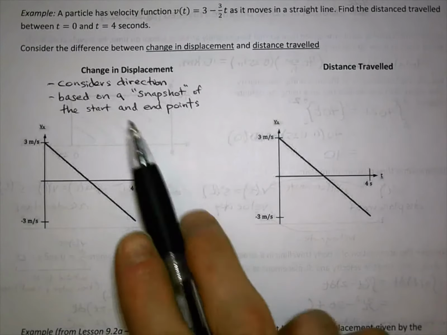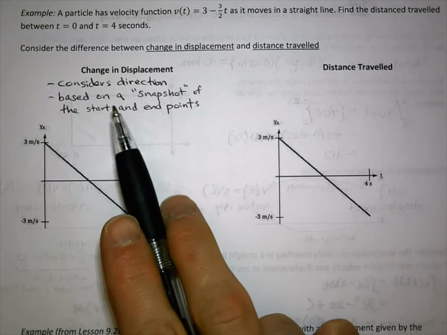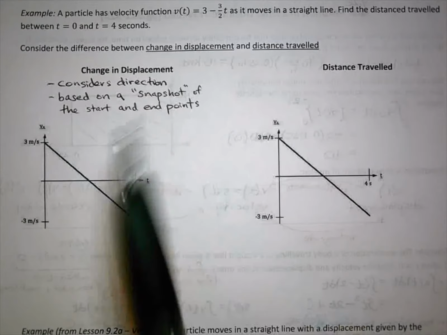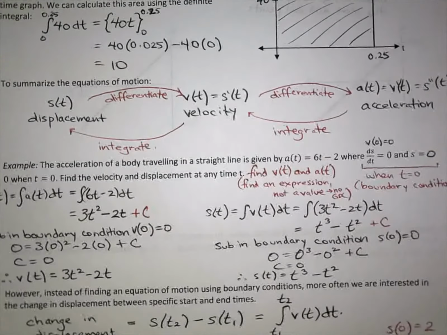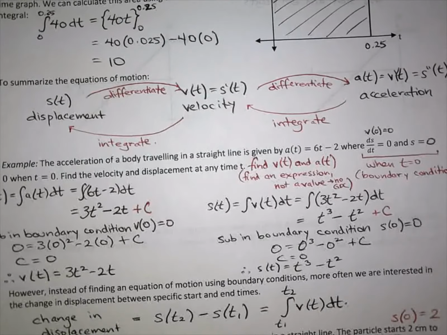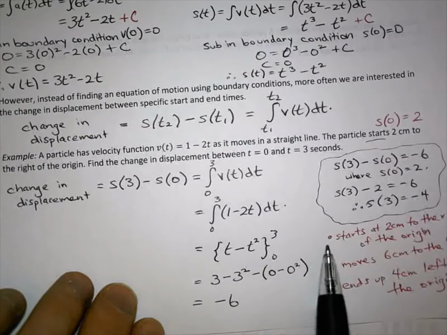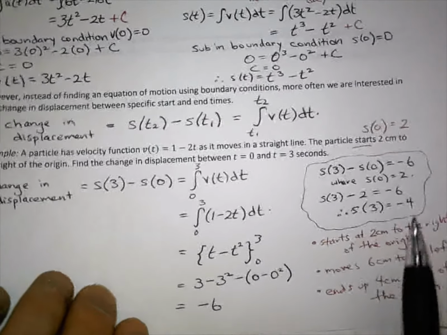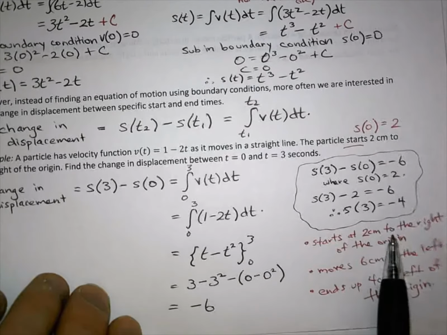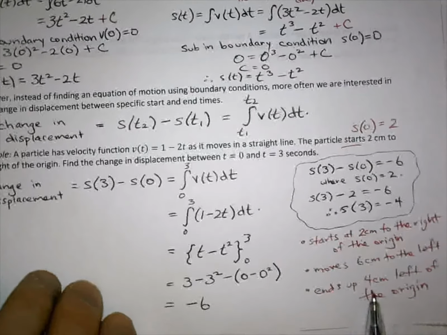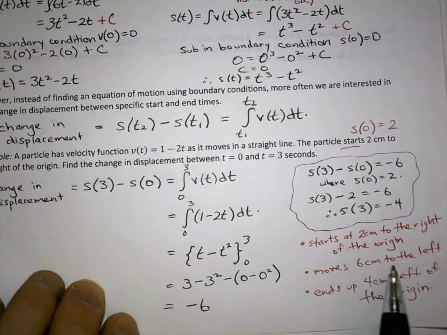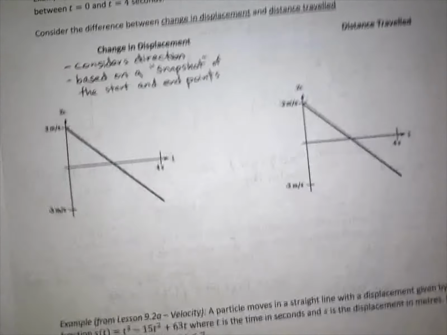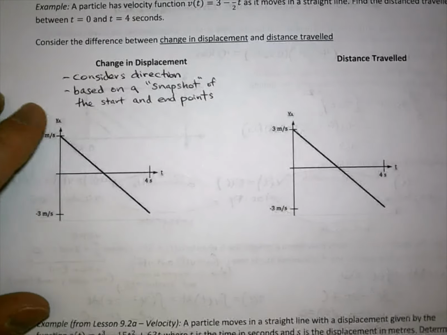This is what we did in the last example. We considered direction, right? Because when we looked at that last example, we were talking about directions: left or right of the origin. And it's a snapshot of what happened in between. So we started at +2, we ended at -4. So in between, the change in displacement was 6 to the left. And so that is change in displacement.